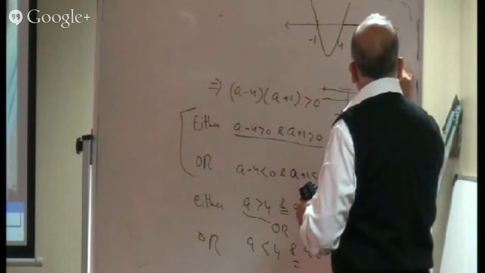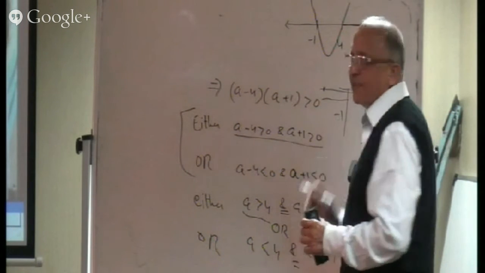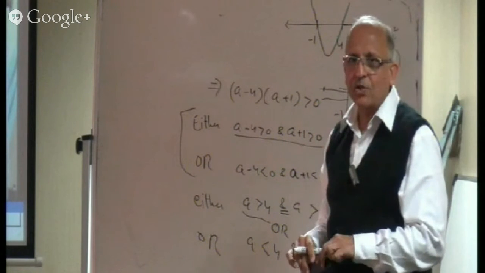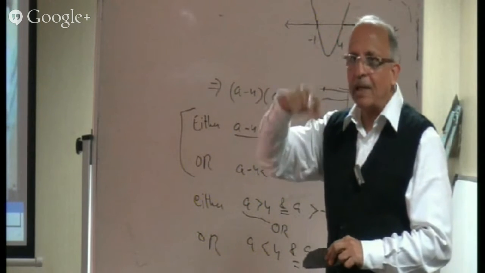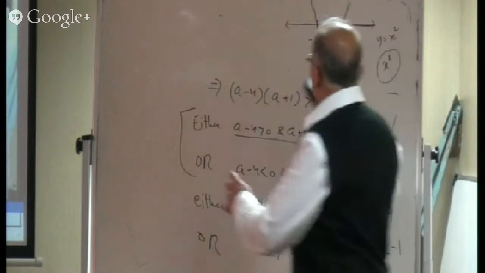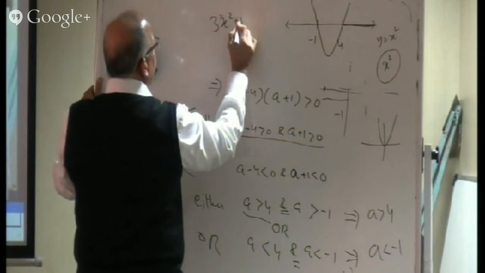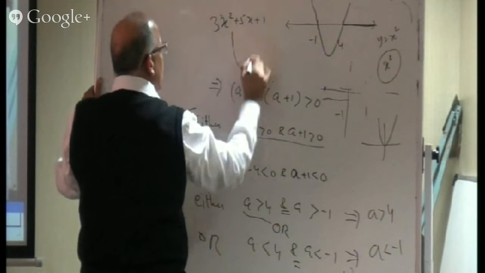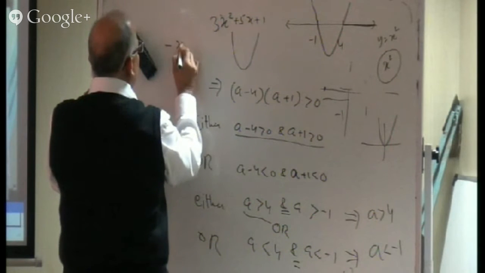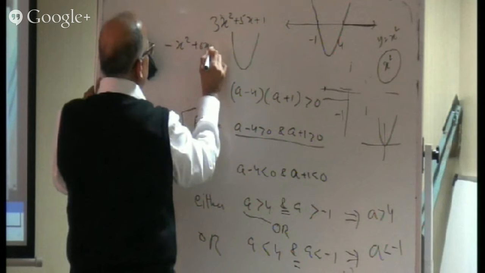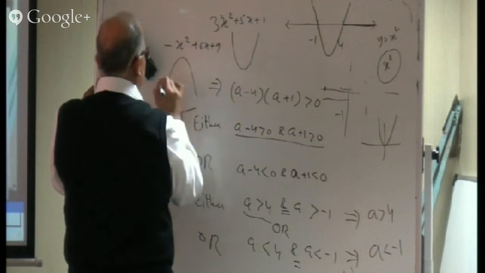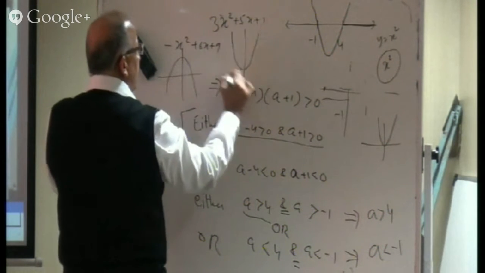It is just x square. What is the coefficient of this? x square 1, which is positive. So the parabola opens upwards. If you have 3x square plus 5x plus 1, it will always open upwards. If you have minus x square plus 6x plus 9, it will open downwards. This criteria you must keep in mind.